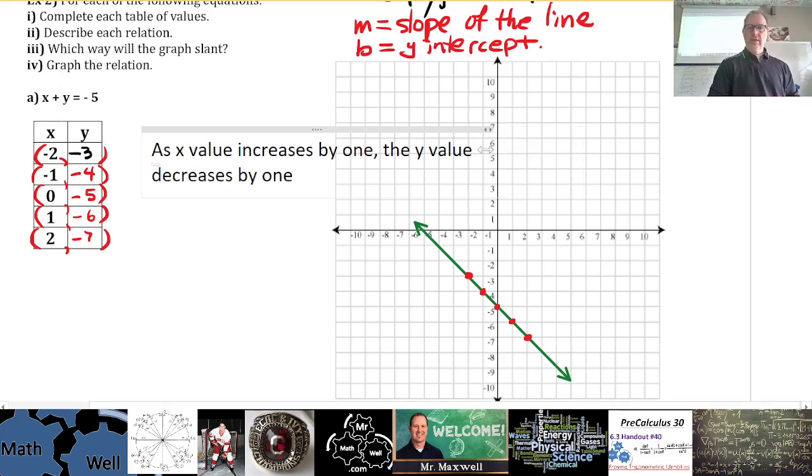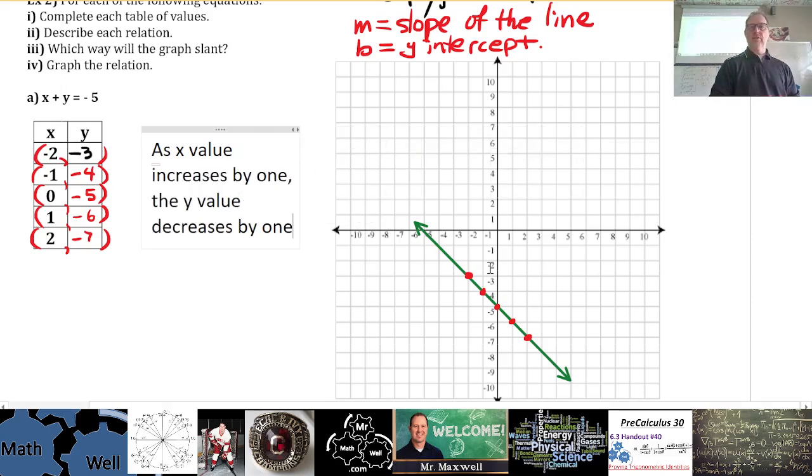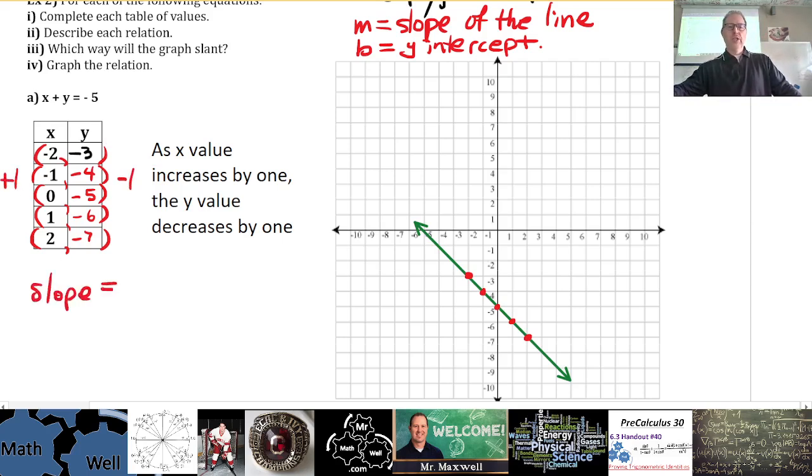And of course, you should be understanding now that that gives us a slope of negative 1. Negative 1 is the change over here, and positive 1 is the change over here. So the slope, which equals the m value in our slope y-intercept form, is equal to negative 1 divided by positive 1, or negative 1.